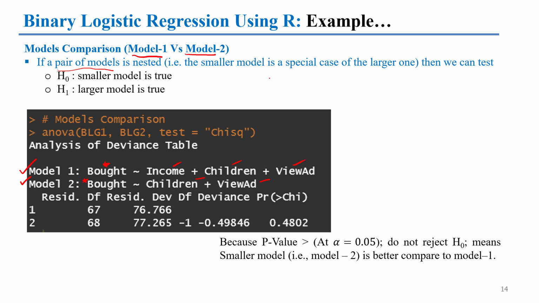When this is the case, our H naught statement is that the smaller model is true, whereas H1 is that the larger model is true. So what does that mean? Based on this p value, we are going to decide whether this smaller model is a good fit or whether this larger model is a good fit.